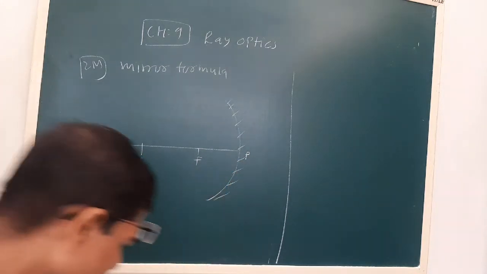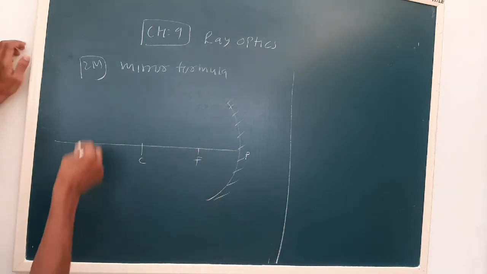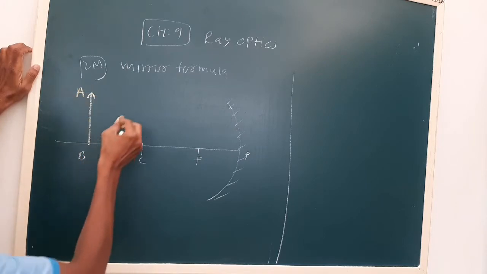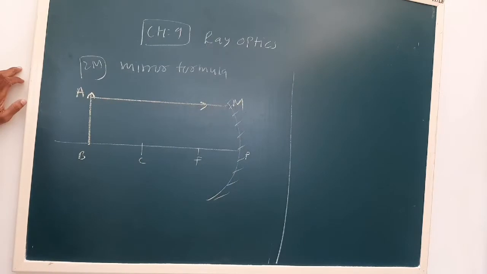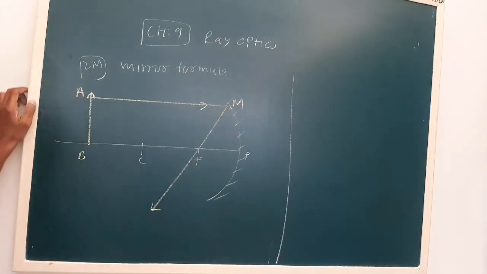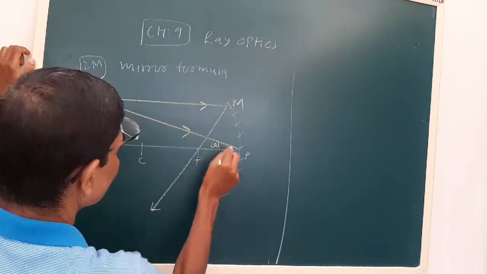We will follow the Cartesian coordinate system. Let us say AB is the object, incident at M. Now the first ray is parallel to the principal axis, after reflection it will pass through F. And the ray is incident at angle theta here.